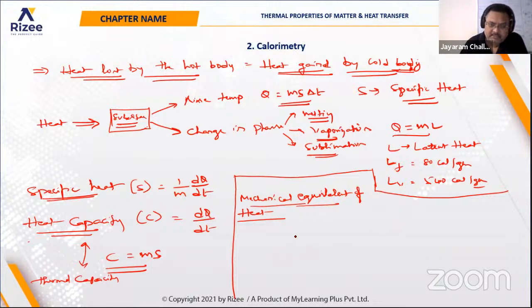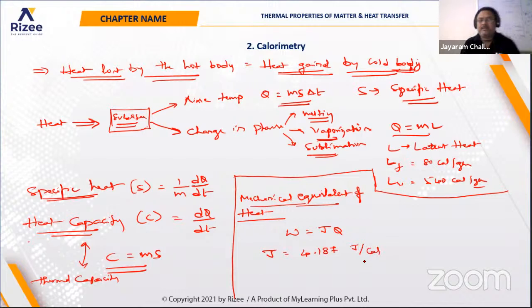The work done W is equal to JQ joules, where J is called the mechanical equivalent of heat. It is 4.187 joule per calorie. This is used as a conversion factor, or generally for calculation purposes you can go for 4.2 joule per calorie, if I just round it to the first digit after the decimal. This will be used to convert from one state to another, calories to joules. So these are the things, please.